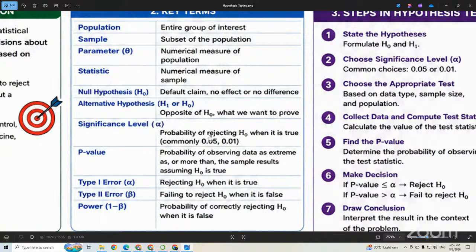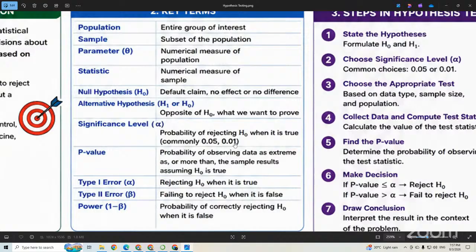The significance level alpha is the probability of rejecting H0 when it is true, and commonly we use 0.05 or 0.01, but in most real cases we will take only 0.05.